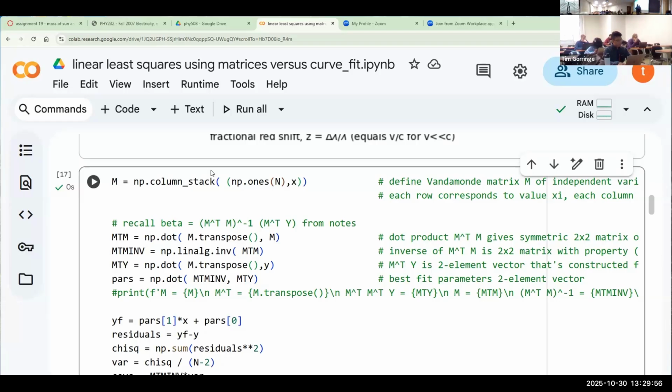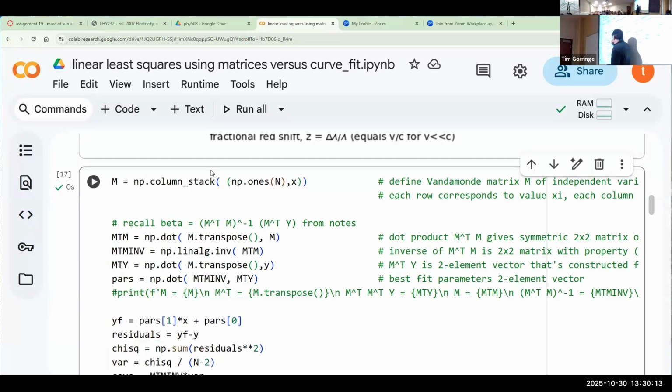This line here calculates the product of the transpose of M and the matrix M itself. To take the product of 2 matrices, I'm using dot.